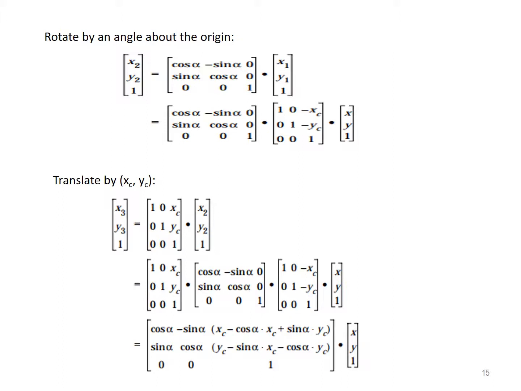Now this resultant matrix should be multiplied by the translation matrix in order to move the object to its original position. Now the resultant matrix of the series of transformations is cos alpha, minus sin alpha, xc minus cos alpha into xc plus sin alpha into yc, sin alpha, cos alpha, yc minus sin alpha into xc minus cos alpha into yc, 0, 0, 1, into x, y, 1.